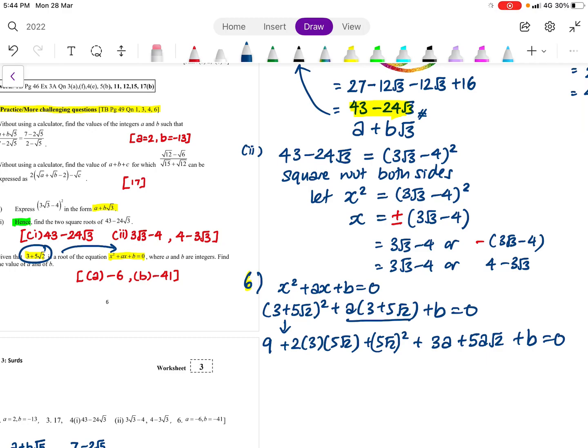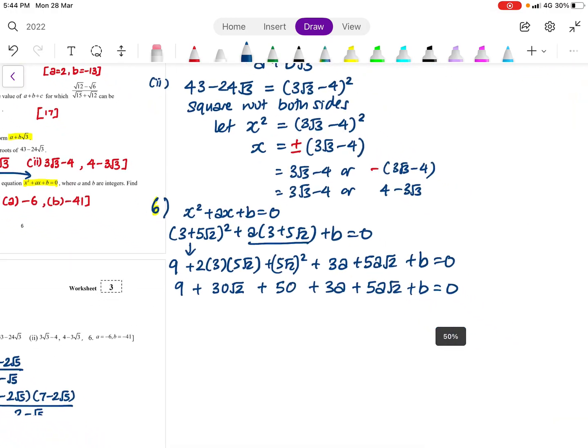Tidy up again. 9 plus 2 times 3 times 5, 30 root 2. Bear with it, it's quite a long process. 5 root 2 squared, you get 25 times 2, 50. Plus 3a plus 5a root 2 plus b equals 0.